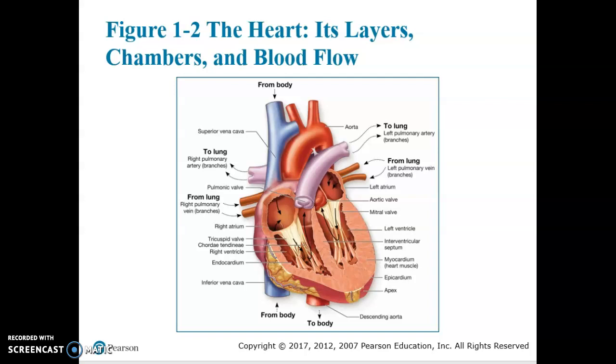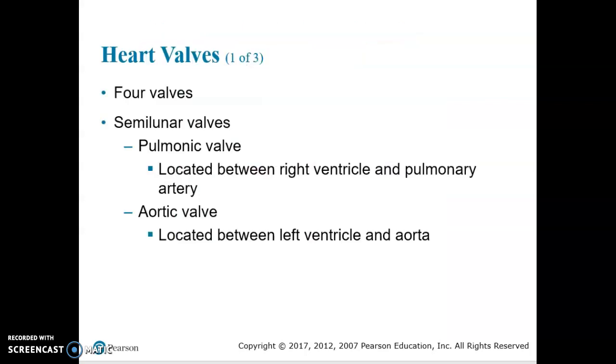So we have 4 different heart valves here. We have the pulmonic valve, we have the aortic valve, we have the tricuspid valve, and we have the mitral valve. So first we're going to talk about the 2 semilunar valves. The 2 semilunar valves are the pulmonic valve and the aortic valve, and these are listed in the blood flow of the heart.